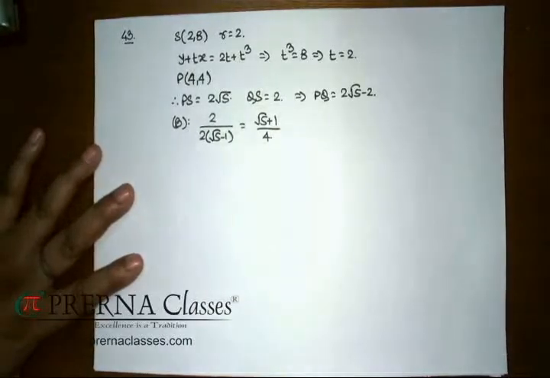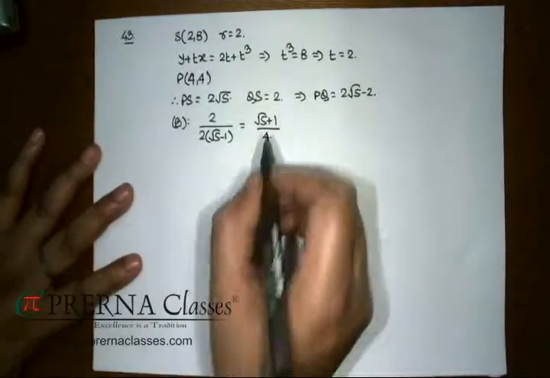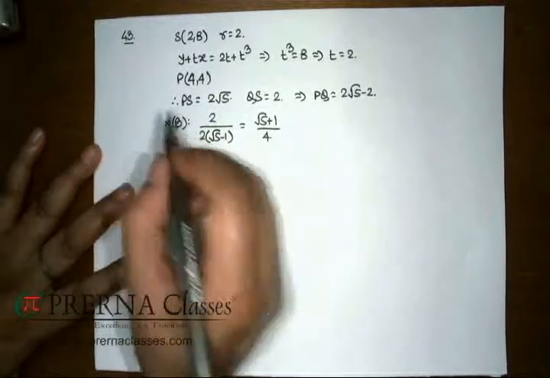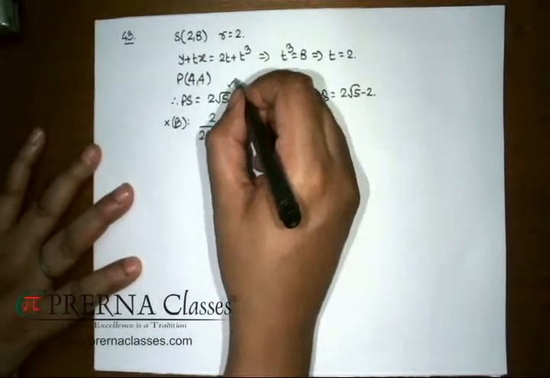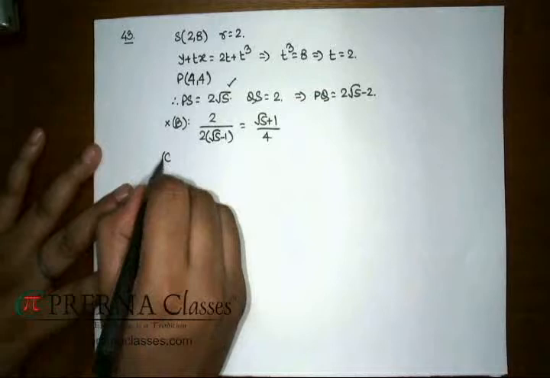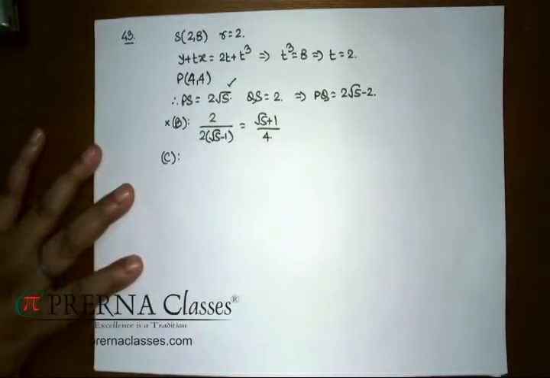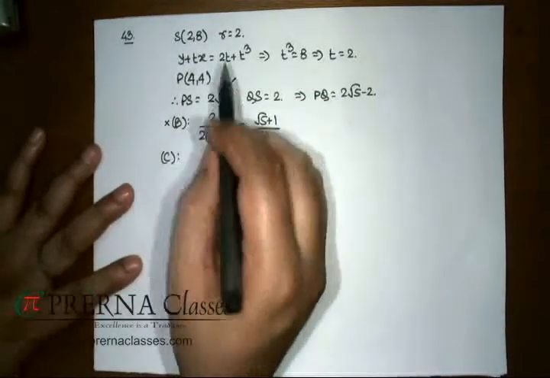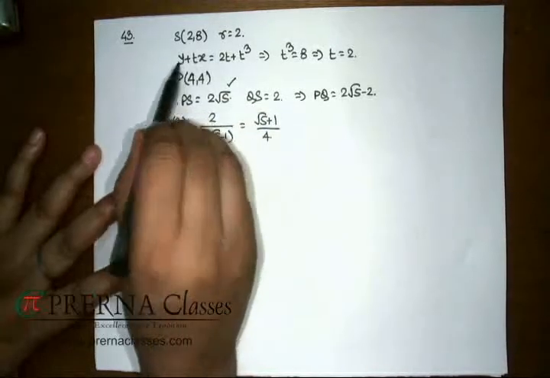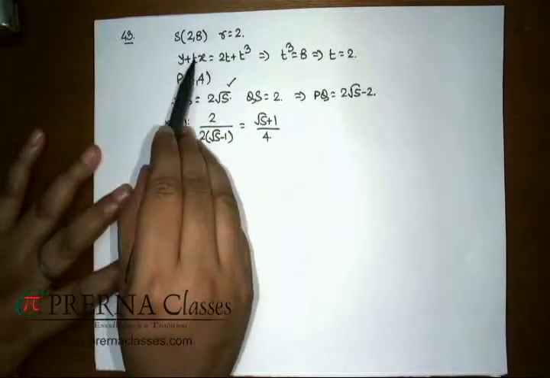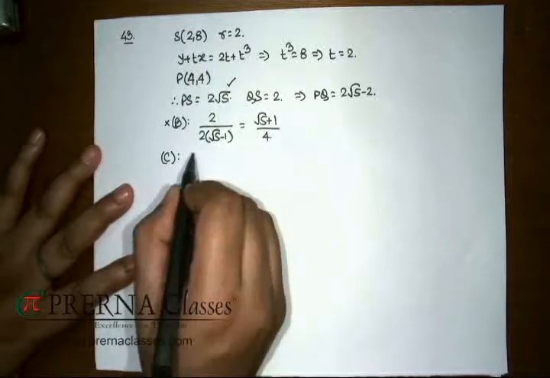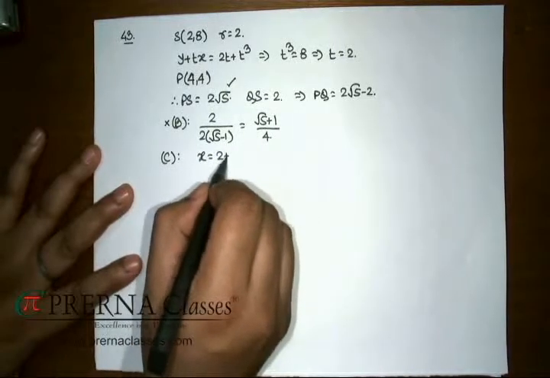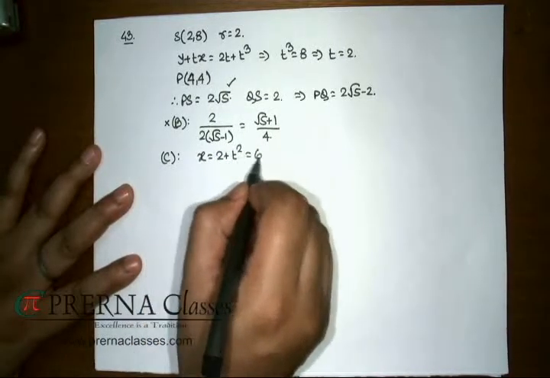It is giving something else, so this is not a correct option. But option B was perfectly fine. In option C, you have to figure out the intercept of the normal, the x-intercept. Clearly you have to make y 0. If you make y 0, t will get cancelled off and the value of x turns out to be 2 plus t square, which is 6. Clearly then this is also correct.